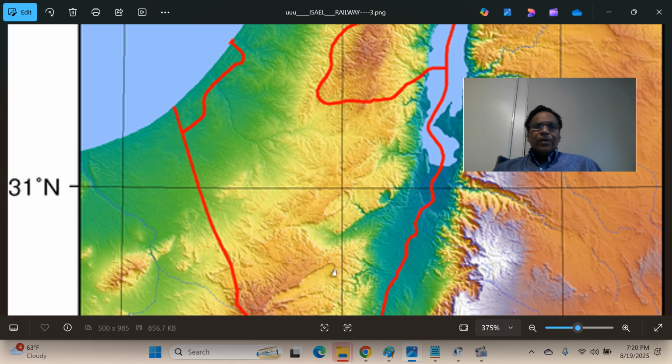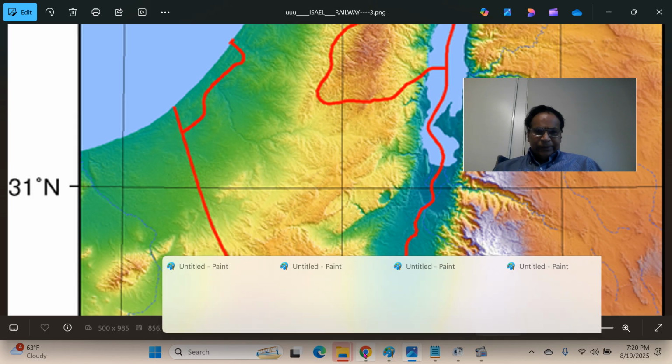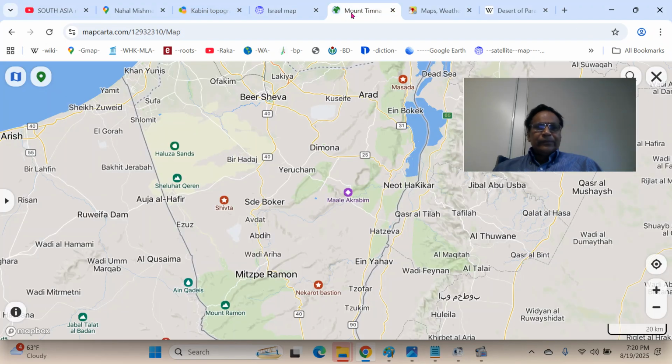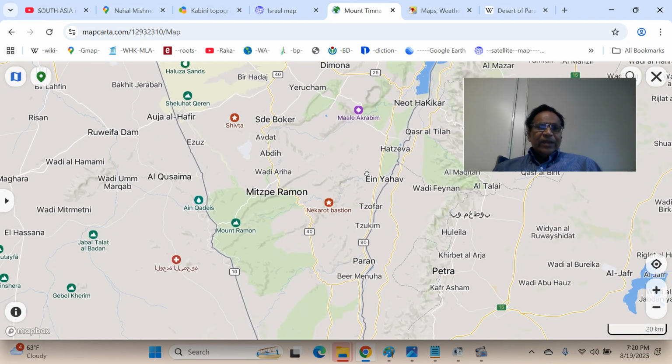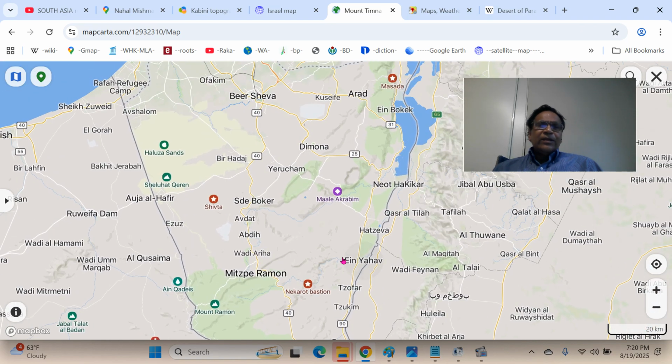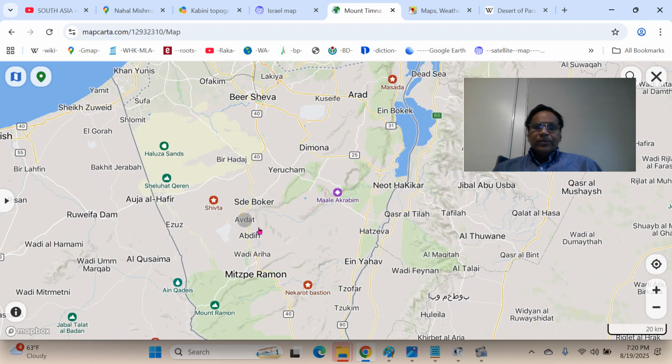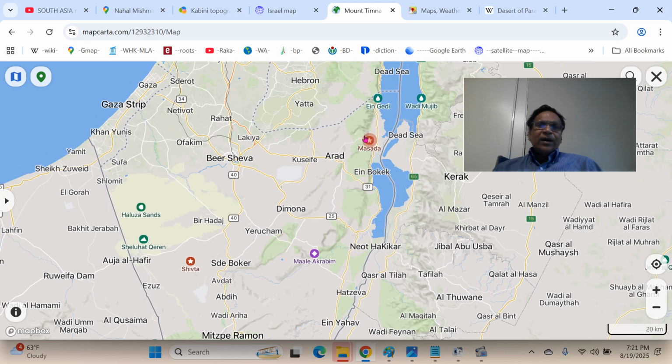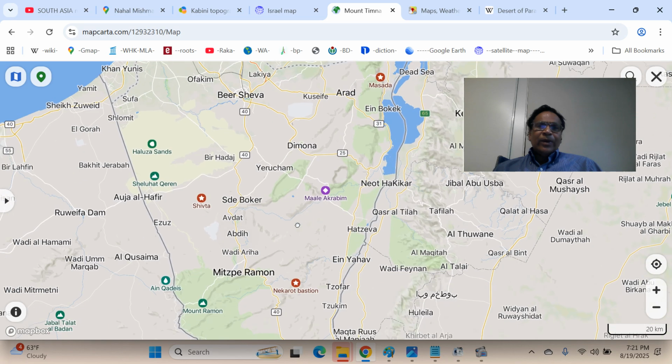So it goes all the way. You can see Mount Ramon there and Sde Boker, the kibbutz where David Ben Gurion established his last remains. This is the small crater, this is the medium-level crater, and the big crater. The town Mitzpe Ramon overlooks the Ramon crater. You can see Arad town here, Beersheba, Arad Valley. So all this area we are discussing today.